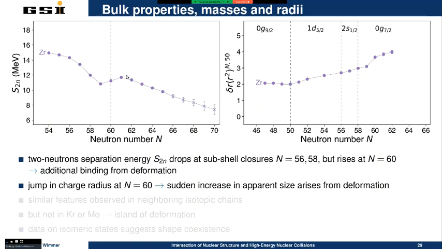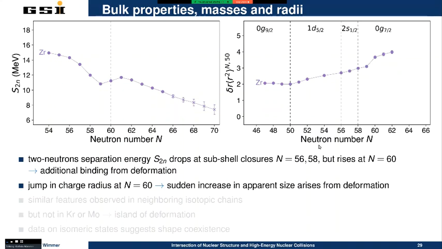You can see at neutron number 60, the neutron separation energy rises. This is interpreted as additional binding coming from deformation. This is also related, on the right side, to this jump in the charge radius at neutron number 60, where suddenly you go from here to here, while you still should fill the same g7/2 orbit.